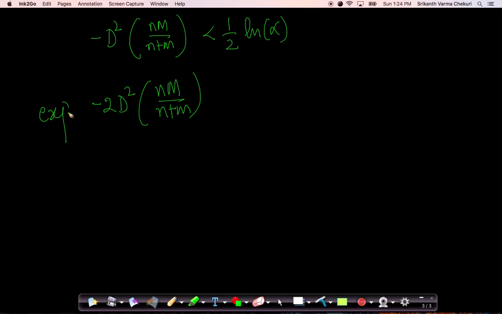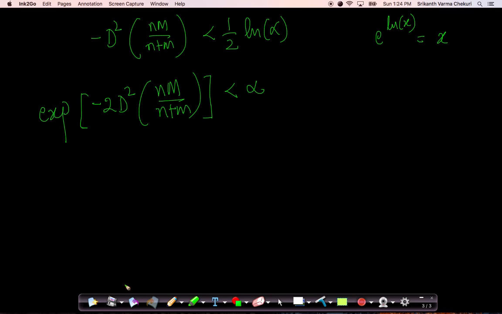So if I take exp of this, it is less than or equal to alpha. Basically, I moved the 2 to this side and computed the inverse function of the natural logarithm, which is e power x. So e power natural logarithm of x is x. That's what I simply used.